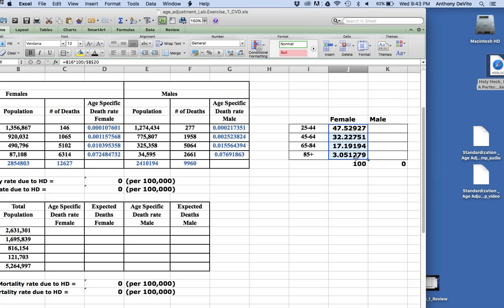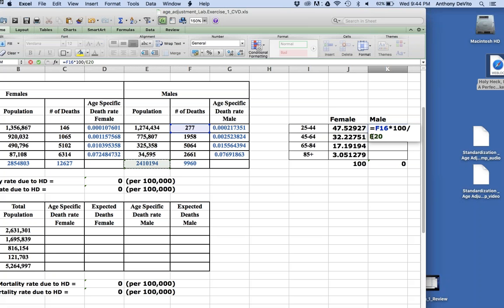Okay, and I can see the different populations. Of course, they all add up to 100%, because that's 100% of the population in that age group. I'm going to do the same thing for the male population. Equals 277, times 100 to turn it into percent, divided by the total population in that group.